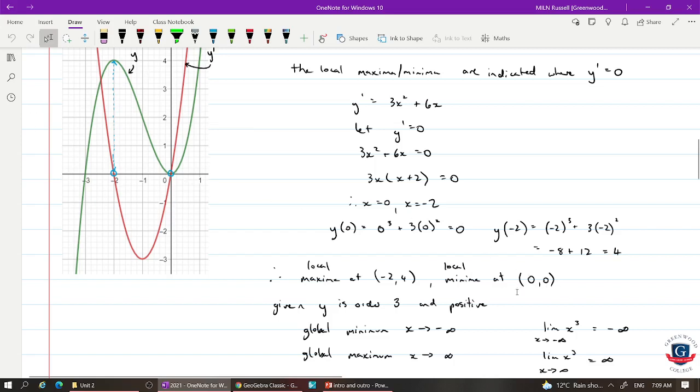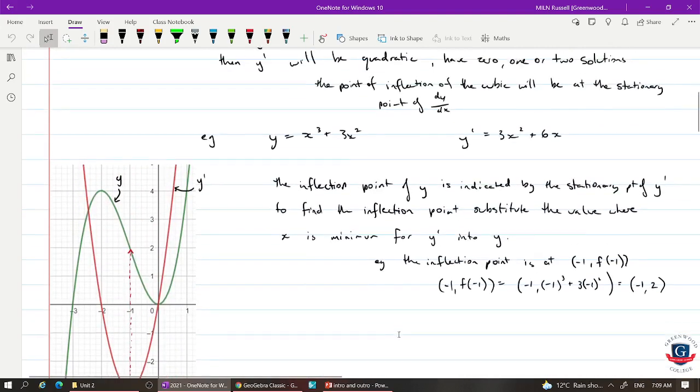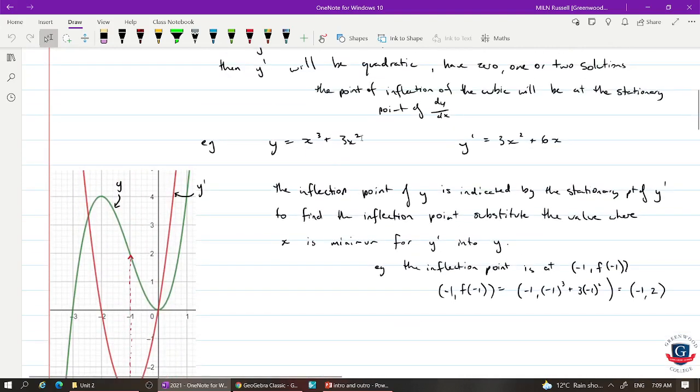We can also look at the global minimums and global maximums by looking at the extrema. So if we substitute infinity into the highest order term, which would be x cubed in this case, positive infinity cubed will still be positive. So as x tends to positive infinity, it's going off to infinity.